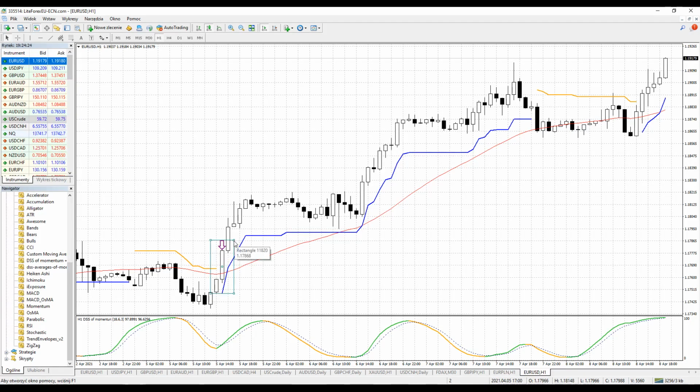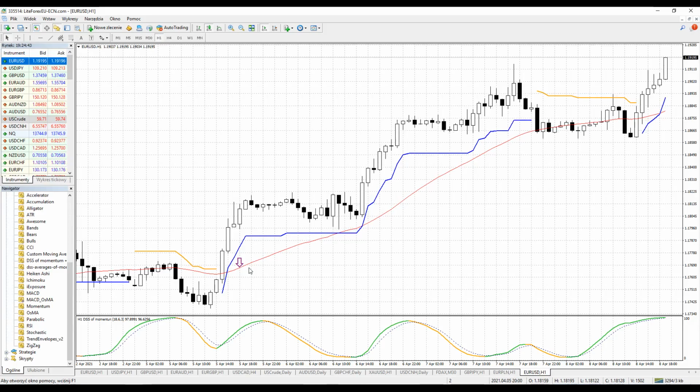Point number 2 is that the candlestick, this rising price, also closed above the red moving average, the linear weighted moving average. The candlestick, just for you to know, must close above this moving average, and we must have the blue line when it comes to the trend envelopes at the signal candlestick.